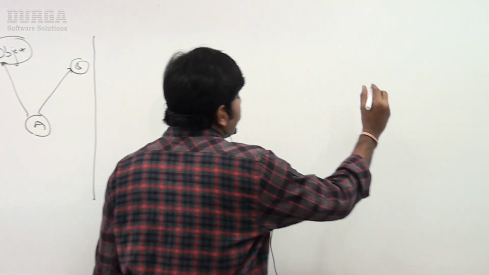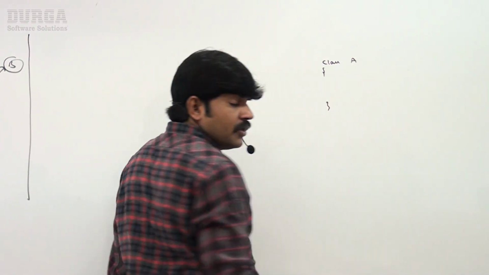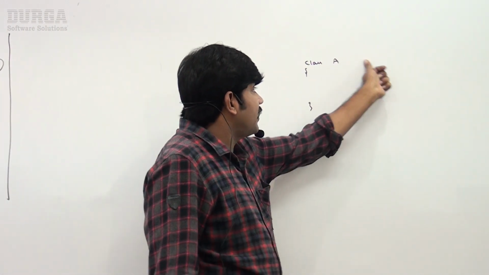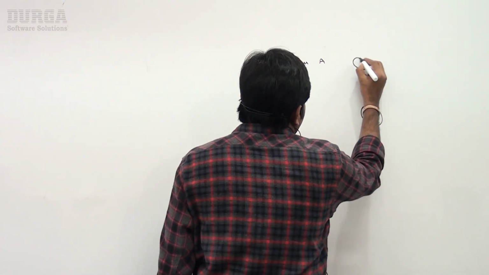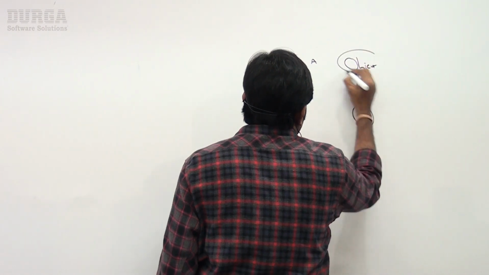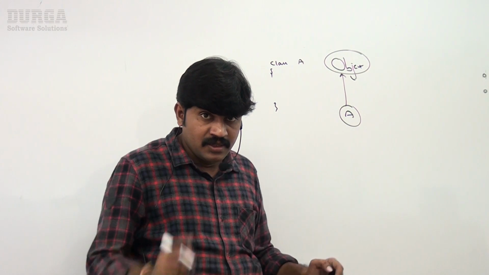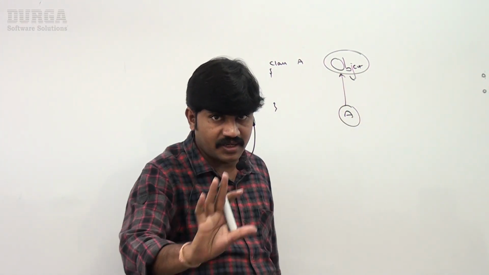If I am writing a class A and our class does not extend any other class, then only our class is the direct child class of the Object class. Clear for all of you, right?